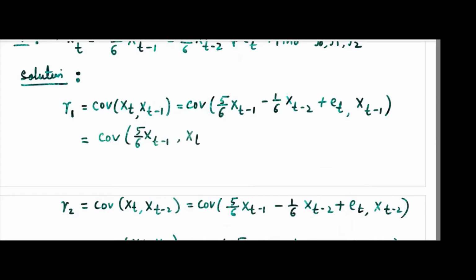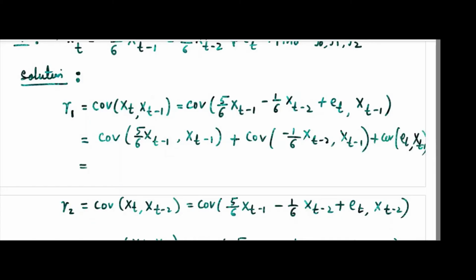You can write this way, covariance of (A+B+C) with D, that way separately. Okay, so plus covariance of minus 1/6 x_{t-2}, x_{t-1}, then the last one plus covariance e_t, x_{t-1}. Now 5/6 you can take out.